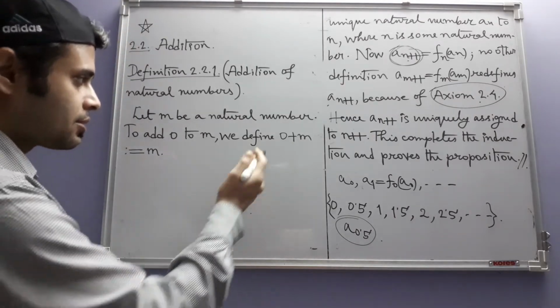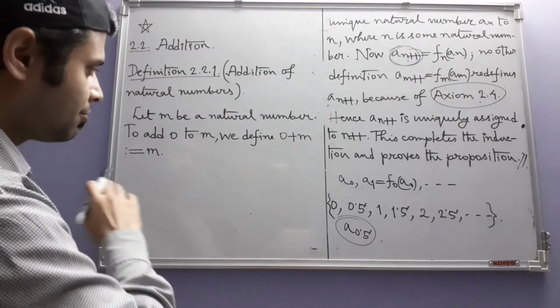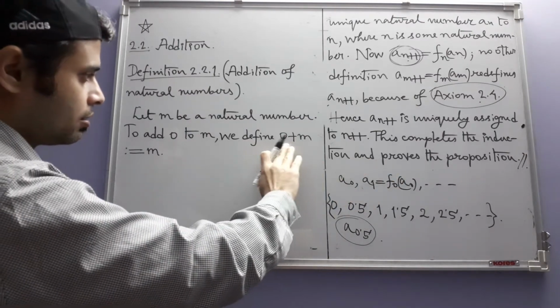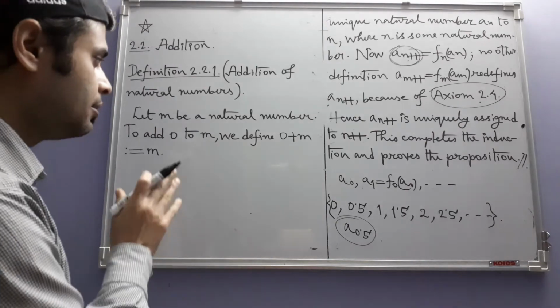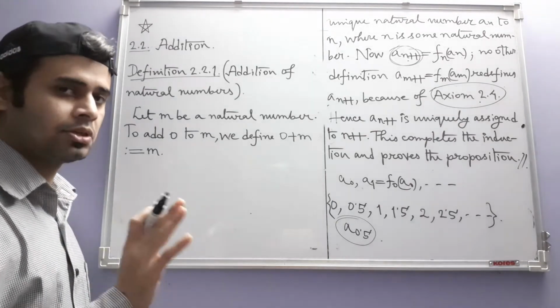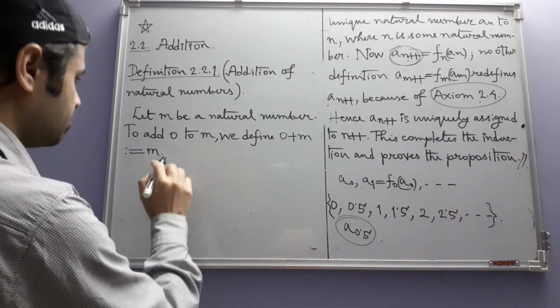But this is just only one value, right? We have to define N + M, where N can take any value, and this is where we are using the principle of recursive definition.